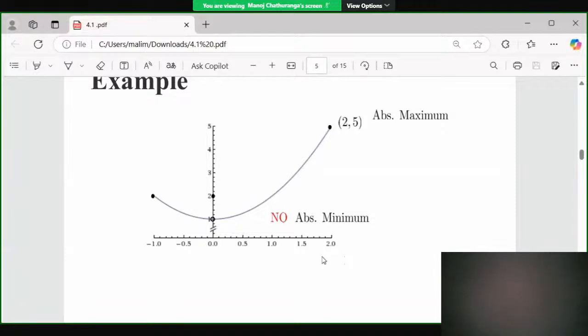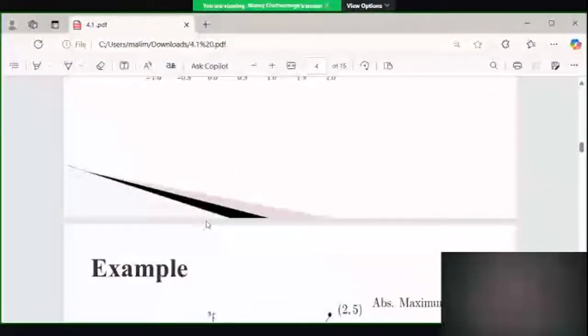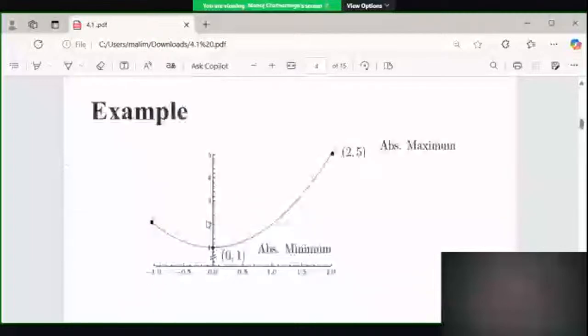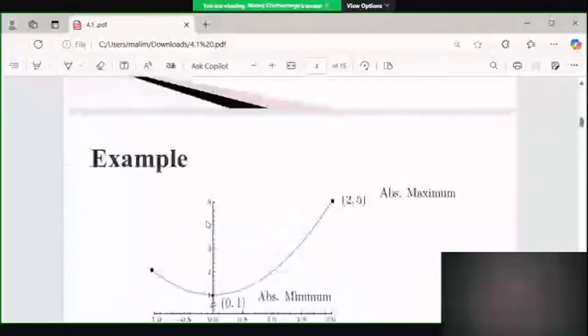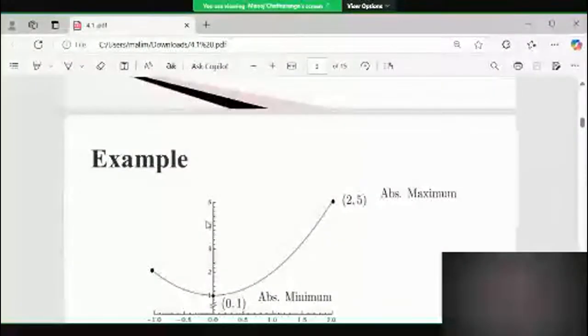That means you take the closed interval from -1 to 2 and remove 0. In that case, you have absolute maximum, local maximum, but you don't have absolute maxima, minima, and these local minima and local maxima.